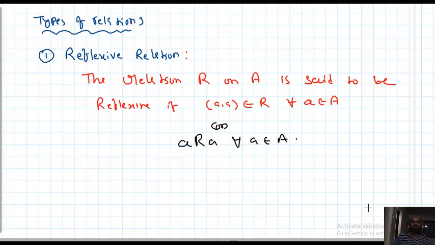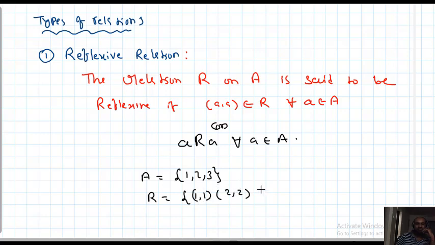Okay. Now observe. A is given as {1, 2, 3} and R is given as {(1,1), (2,2), (1,3)}. Is R reflexive?